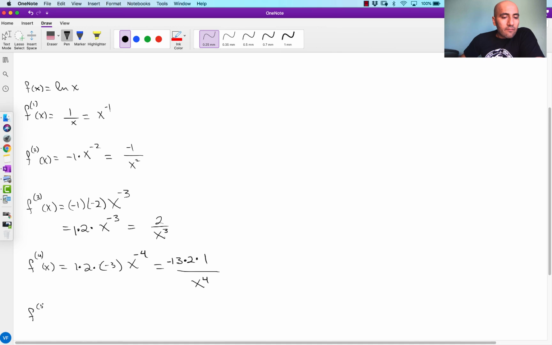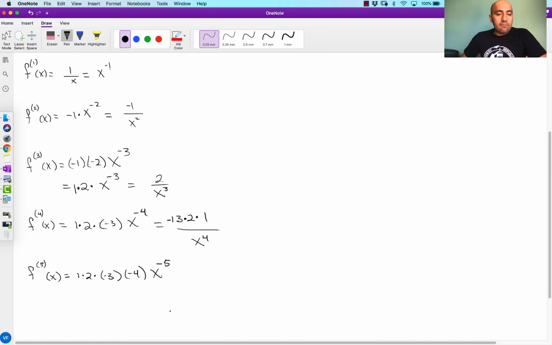All right, let's do a couple more, really establish this pattern. The fifth derivative of this function. Okay, so bringing that in front becomes 1 times 2 times negative 3 times negative 4 times x to the negative 5. Good, so now again, a negative times a negative, this is going to turn into a positive.